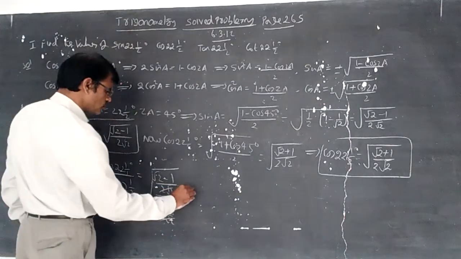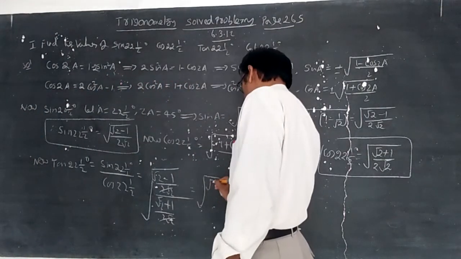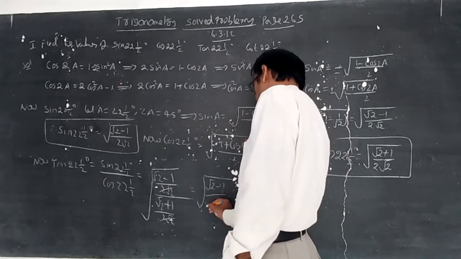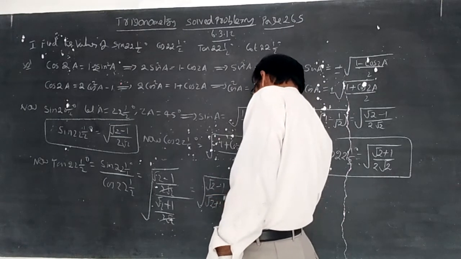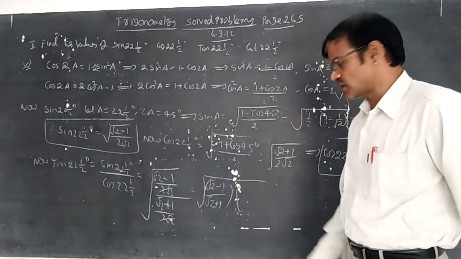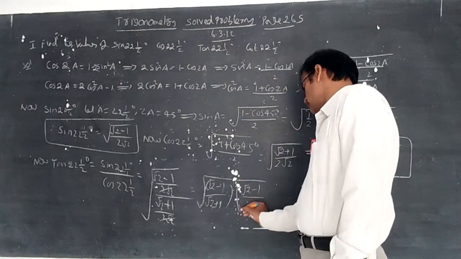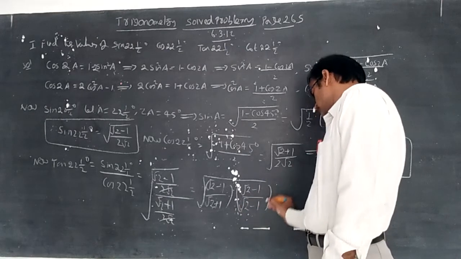2 root 2 get cancelled. So it is the square root of root 2 minus 1 by root 2 plus 1. Rationalize here: root 2 plus 1, opposite sign is root 2 minus 1. By here also it is root 2 minus 1.